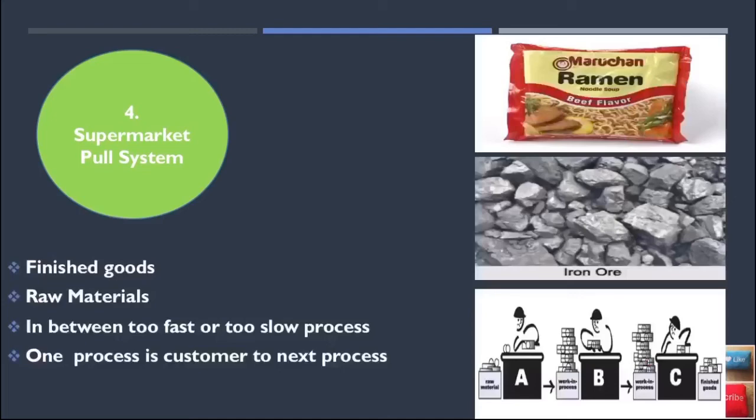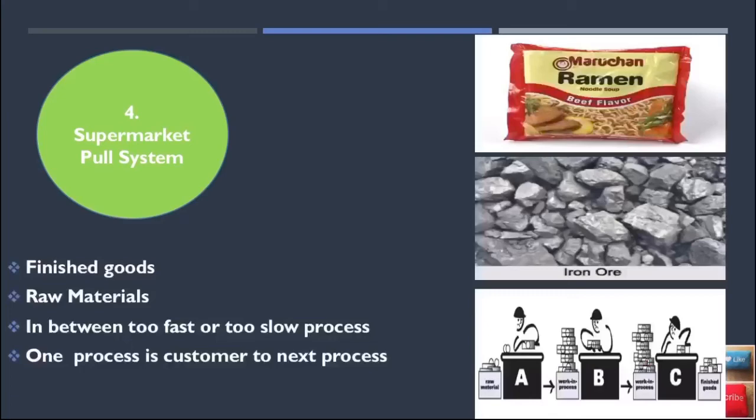One is the finished goods, meaning when all the processes are done and the final product is produced, we can have a supermarket for it. The second is raw material, meaning before processing a product we can also have an inventory or supermarket for it. And third is when some processes are very slow or very fast, so we cannot combine them, and we can create a supermarket in between the processes.